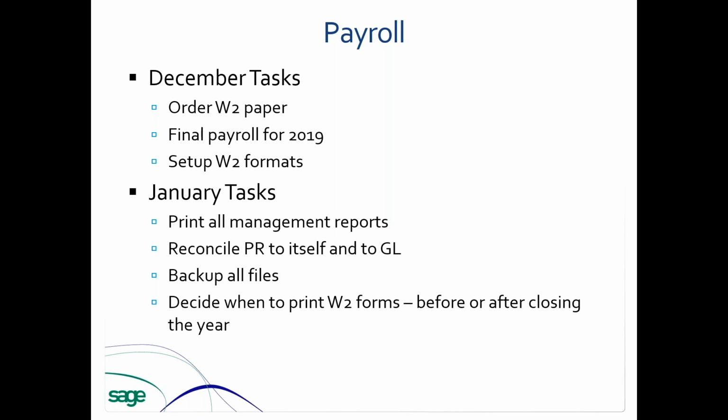You can print forms off of the last year fields in your master file. So we're going to take a look at that too when we look at setting up the W-2 forms. So it just is what's most comfortable to you as far as running the forms. Do you want to do it in your current folder using last year totals, or do you want to switch and go to your other folder and run it off of your completed or last year's payroll folder?